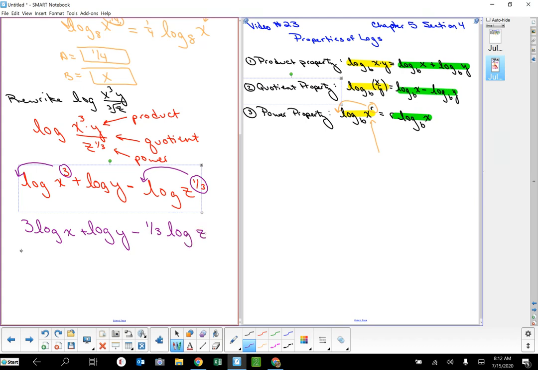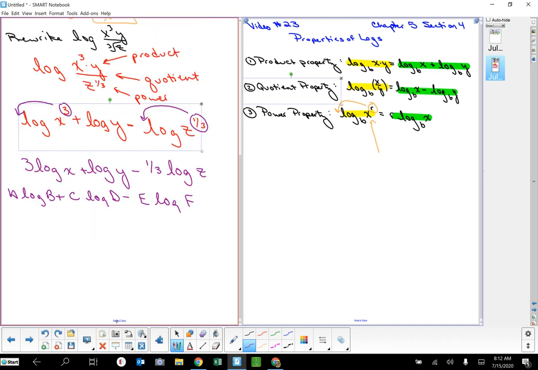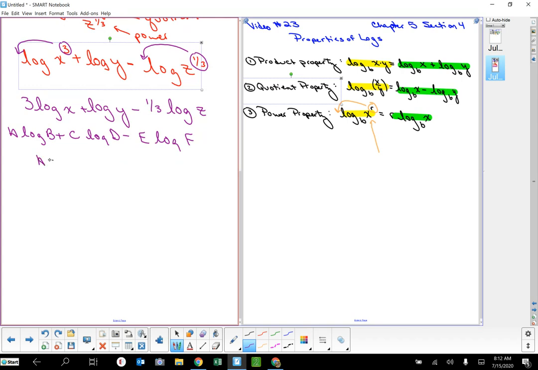And the way this looked in varsity was rewrite it as a log b plus c log d minus e log f. So if you don't get it into that form, you've made an error. But we could now easily fill in what a is, b is, c is, d is, e is, and f is.